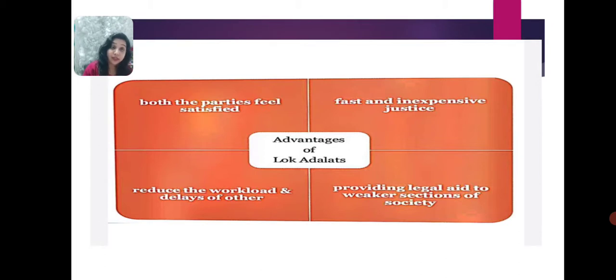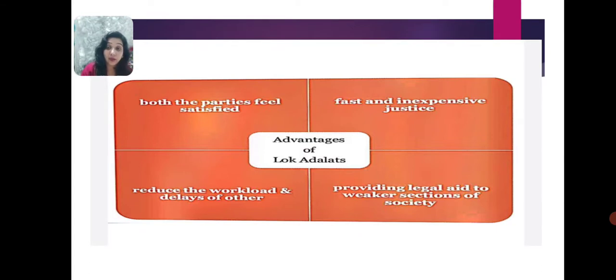Through the compromise method, both parties will be satisfied. Lok Adalat also promotes social justice by providing legal aid to the weaker sections. More than looking at religion, caste, creed and power or position, it tries to get justice for the weaker sections.